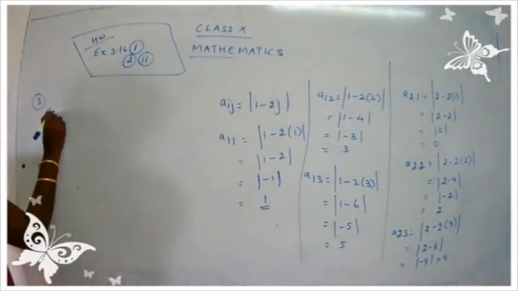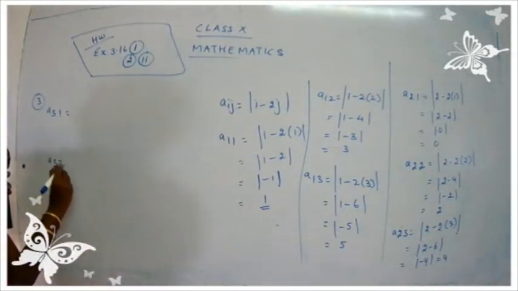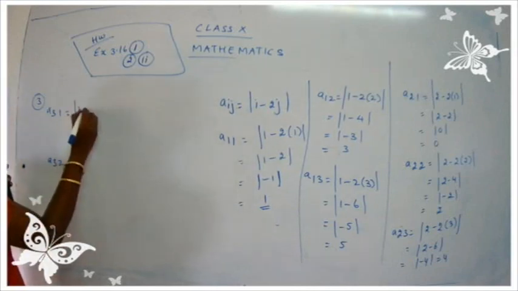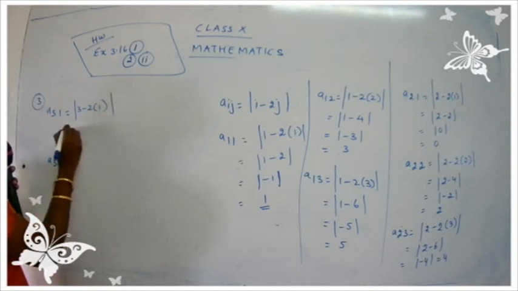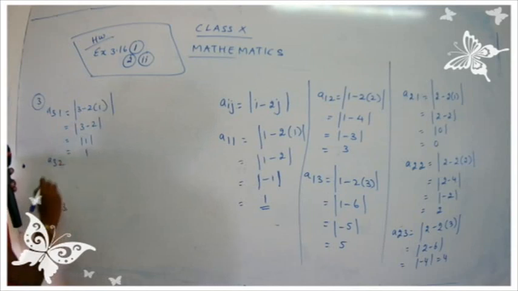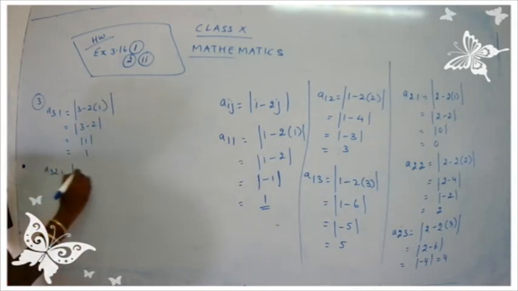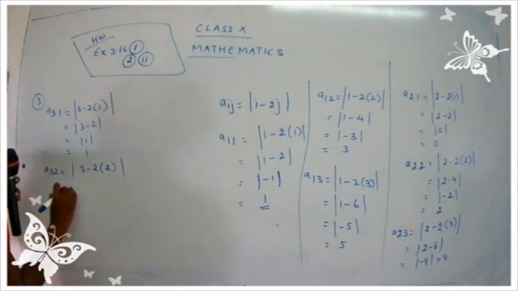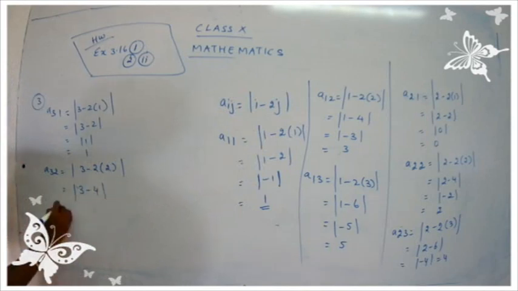So A31, A32, A33. i is 3, 3 minus 2 into 1, 3 minus 2, 1. 3, 2: 3 minus 2 into 2, 3 minus 4, it's minus 1. So you get 1.